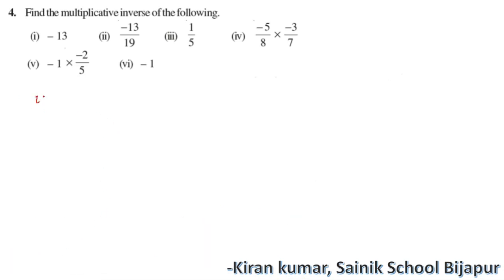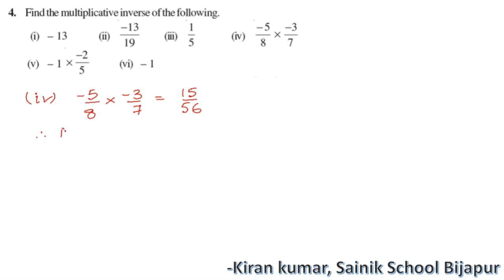Look at the fourth one here. First we shall simplify minus 5 by 8 multiplied to negative 3 by 7. Upon multiplication, we get positive 15 upon 56, because 8 7 times is 56, 5 3 times is 15.